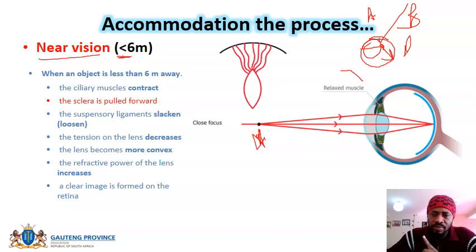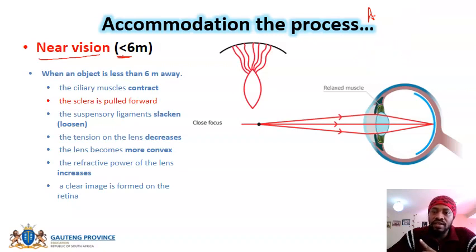Before you start explaining accommodation, please get sorted with the kind of lens that you need first. That's the first thing I did. And then when I'm sorted with the kind of lens I need, I then ask myself, how do I get there? How do I get to convex? The moment I start explaining how I get to convex, then I'm already writing my essay.